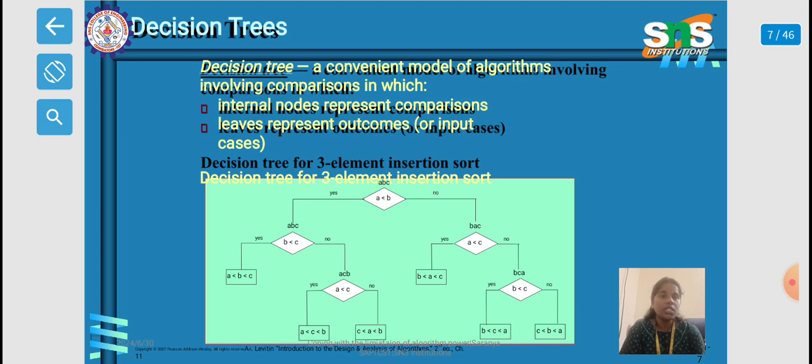The decision tree for sorting: most sorting algorithms are comparison based and work by comparing the elements in the list to be sorted. By studying the properties of decision trees for such algorithms, we can derive an important lower bound on the time efficiency.